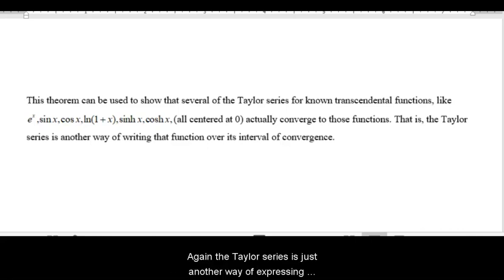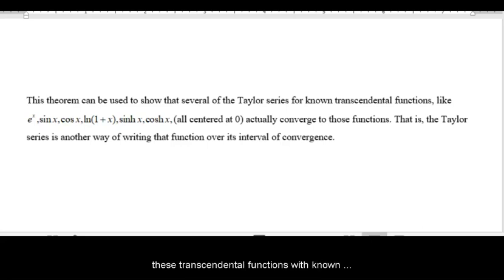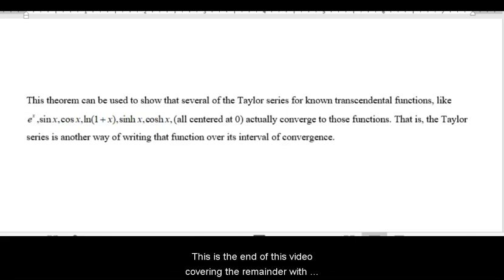Again, the Taylor series is just another way of expressing these transcendental functions with known functions that are in fact infinite polynomials. This is the end of this video covering the remainder with Taylor's theorem.